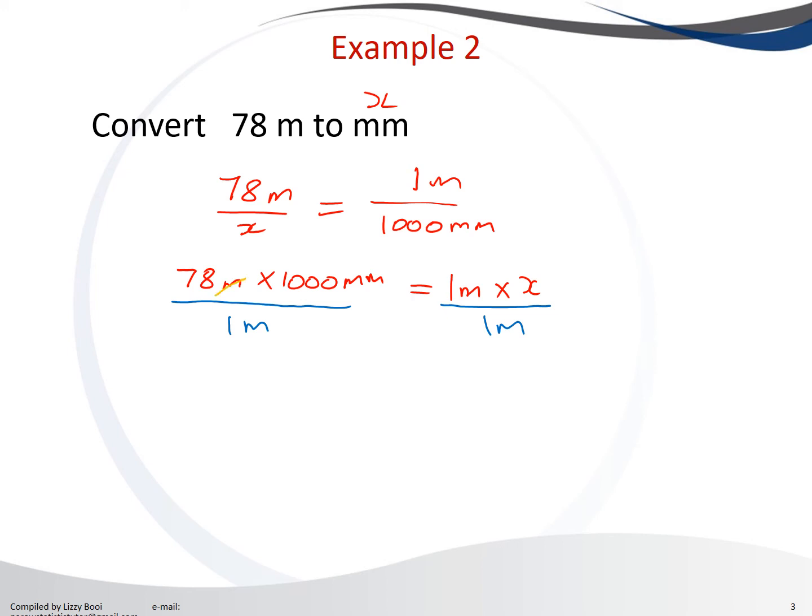A meter and a meter will cancel out, and we are left with 78 times 1,000 millimeters is equal to x, and 78 times 1,000 gives us 78,000. This is 78,000 millimeters.